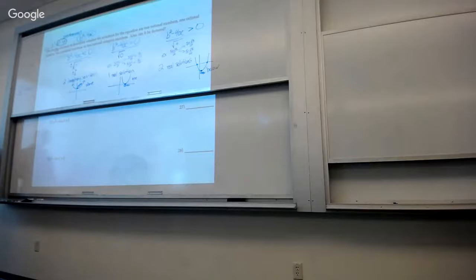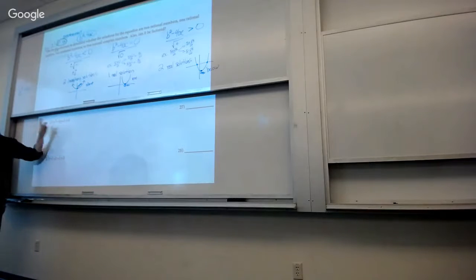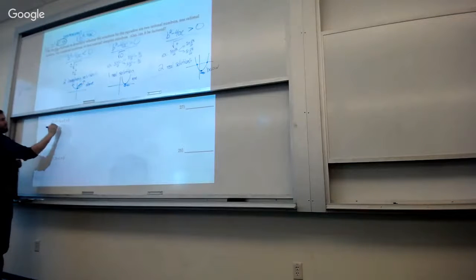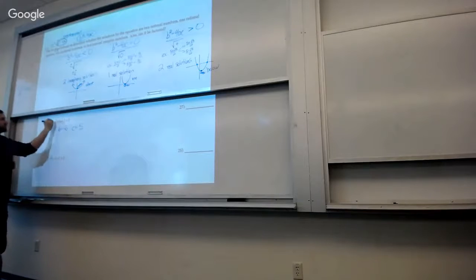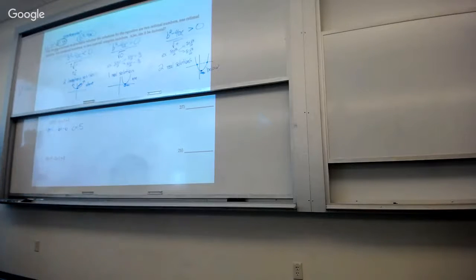So this is what we're going to do. We're not going to solve the whole thing. We're just going to calculate the discriminant. So for number 27, a is 1, b is -6, and c is 5. Right? And we're just interested in the nature of the solution. We don't actually have to solve for the values of x.